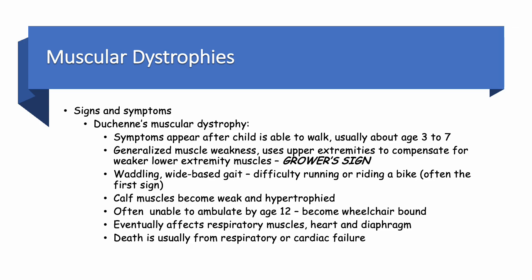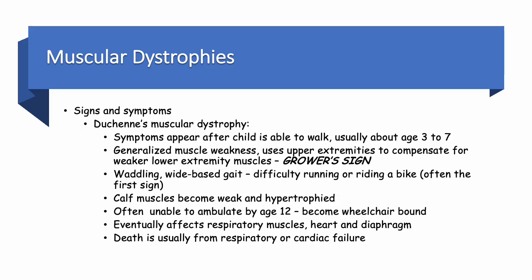So in Duchenne's muscular dystrophy, that's how come you'll see families with 1 or 2 children before they realize what's going on. It's a general muscular weakness. They use upper extremities to compensate. So I remember that it gets weaker from the bottom up. So their legs get weak first, before their chest, before their abdomen, before their arms.